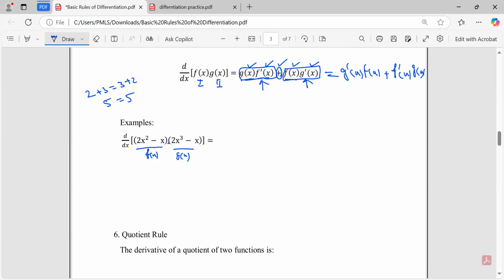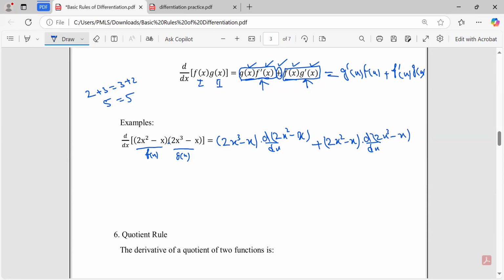So first of all, g of x will be as it is, 2x to the power 3 minus x, and take the derivative of 2x to the power 2 minus x. Then in between a plus sign, 2x to the power 2 minus x will be as it is. Now take the derivative of g of x, 2x to the power 3 minus x.